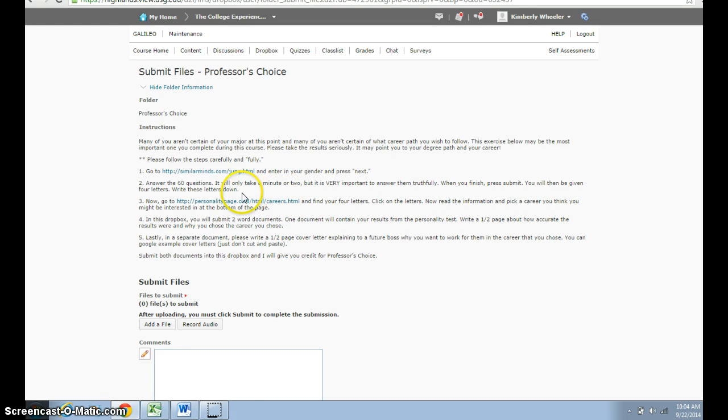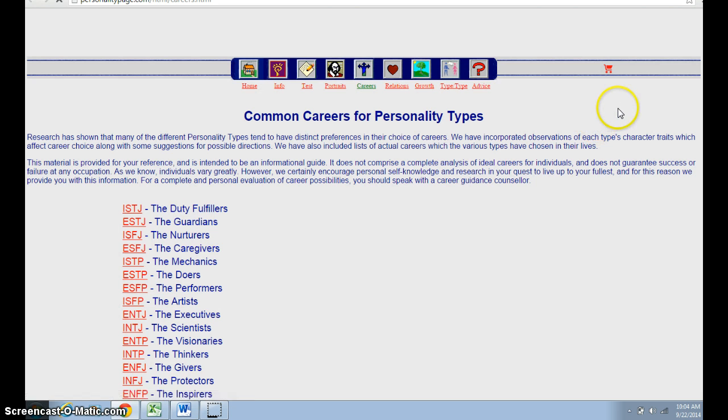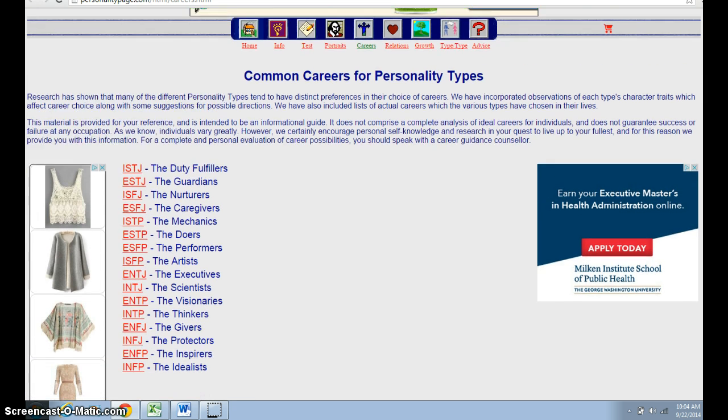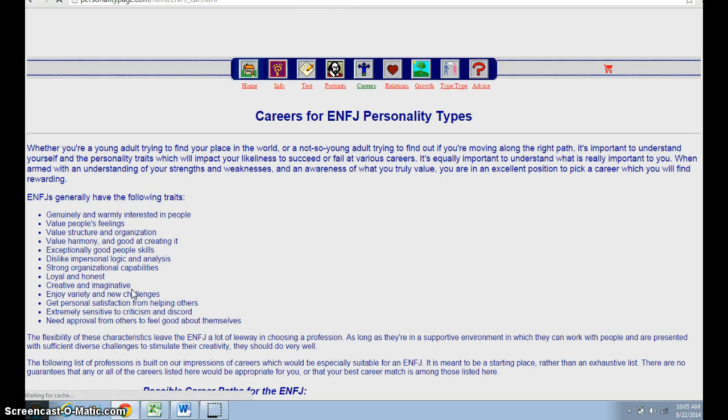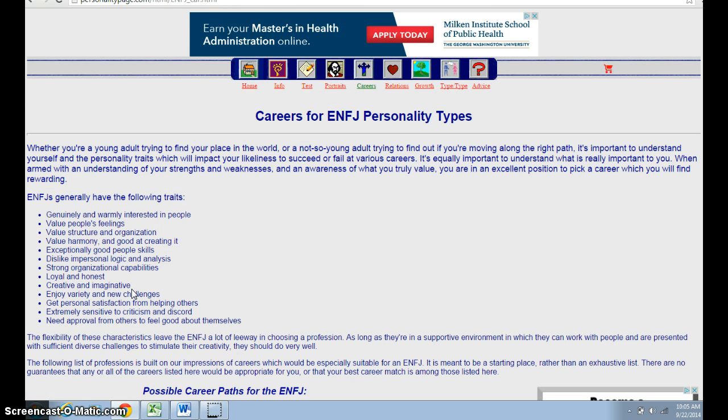So once they get their 4 letters, they need to go to the personality page. Then they need to find their letters. I think mine is ENFJ. And up at the top, it will tell them what their traits were for ENFJ, for their personality type.